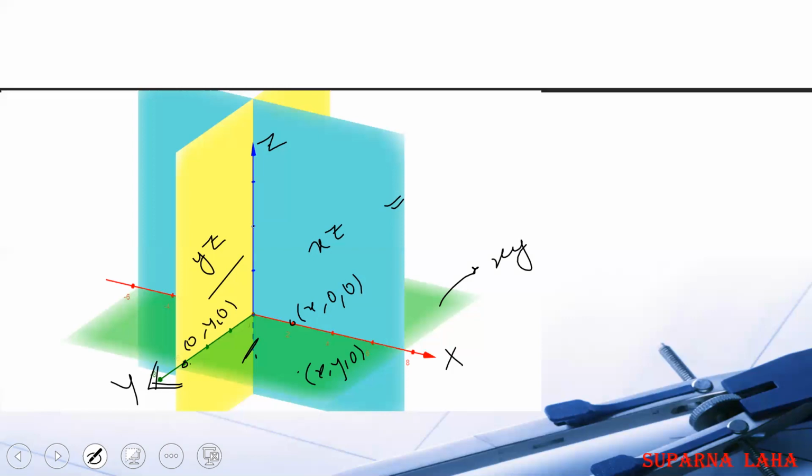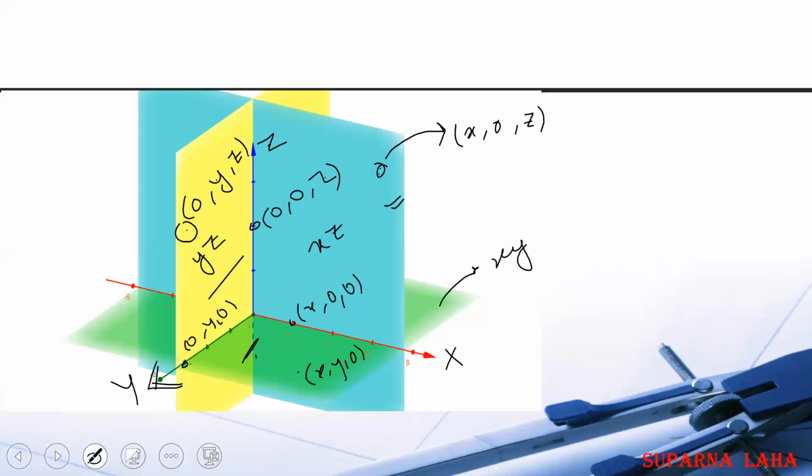Any point on the z-axis is represented by 0, 0, z. Okay, so any point on this xz plane, take any point here, is represented by x, 0, z. Any point in this YZ plane is represented by 0, y, z.